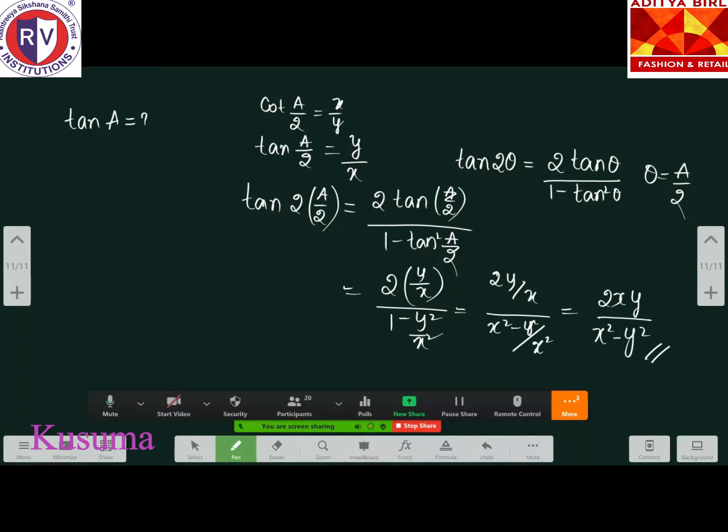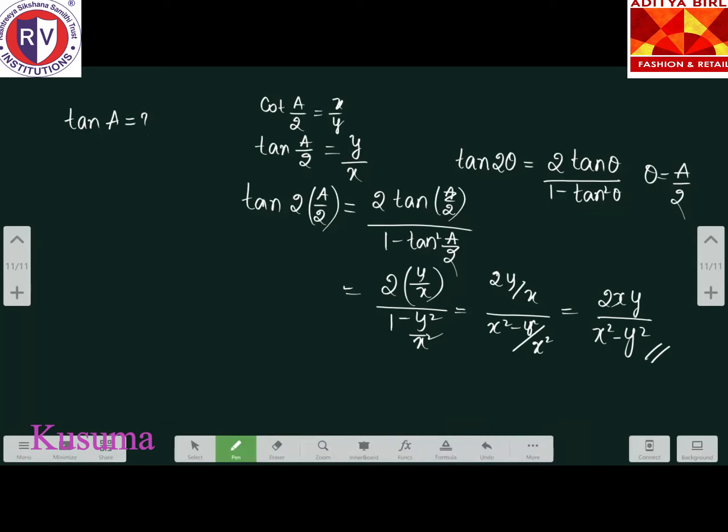So when root of 1 plus cos A divided by 1 minus cos A is equal to x by y, the value of tan A will be 2xy divided by x square minus y square. So this was your option A, right?